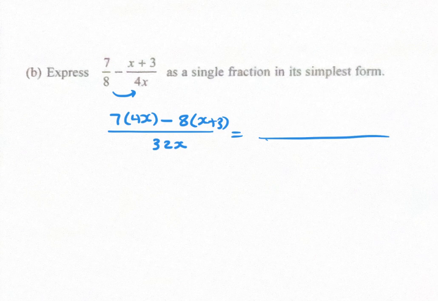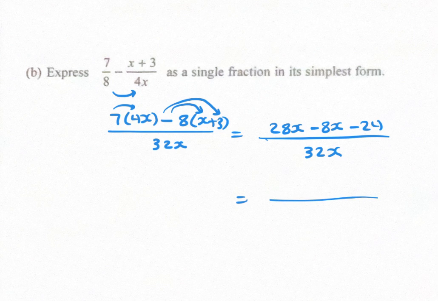Now simplify the numerator. 7 times 4x is 28x. Negative 8 times x, negative 8x. Negative 8 times positive 3, negative 24, over 32x. In the numerator, 28x minus 8x, so 20x minus 24 over 32x.